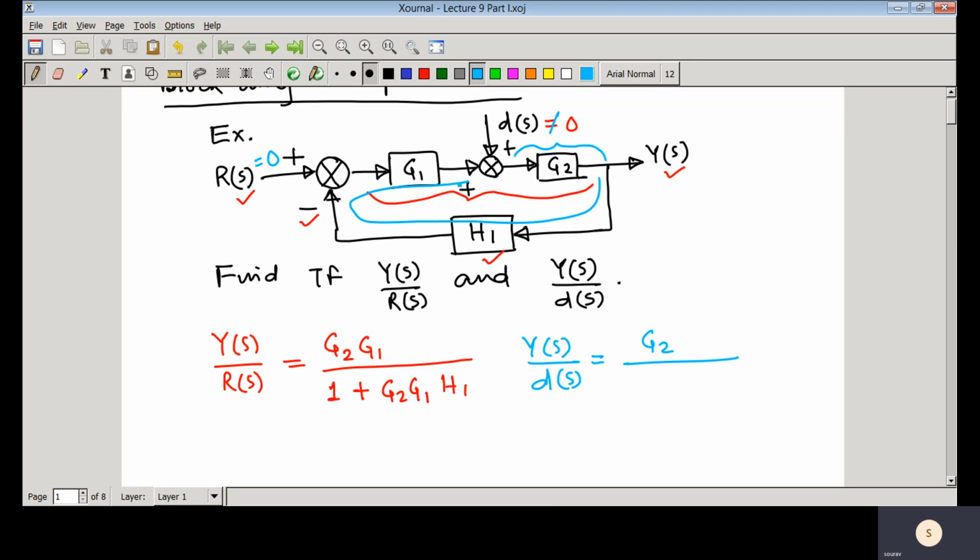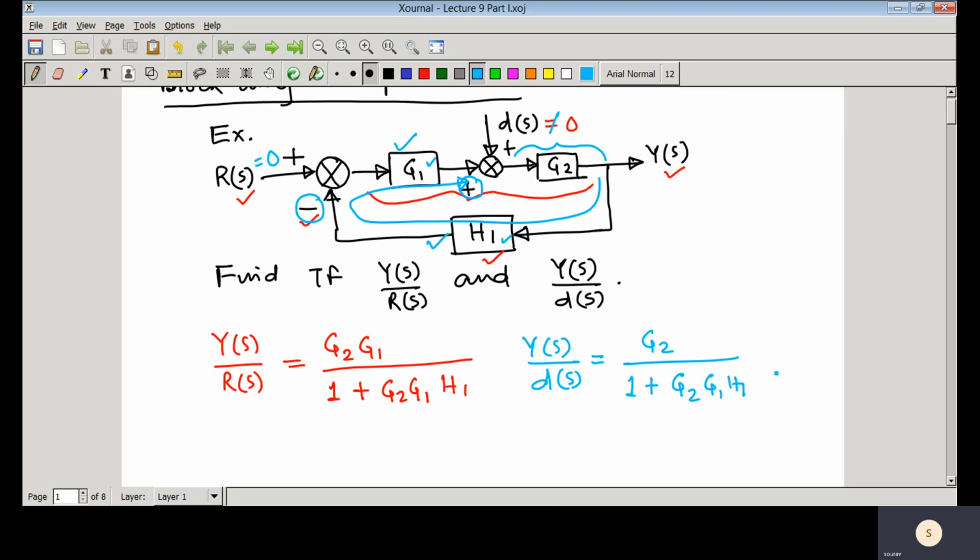Now here you have that negative and here you have that positive. That means positive and negative, that is negative. So basically this feedback is negative feedback. Then you have 1 plus, and the feedback path gain is G1 H1. So the forward path transfer function is G2, and the feedback path transfer function is G1 H1. So this is the transfer function.